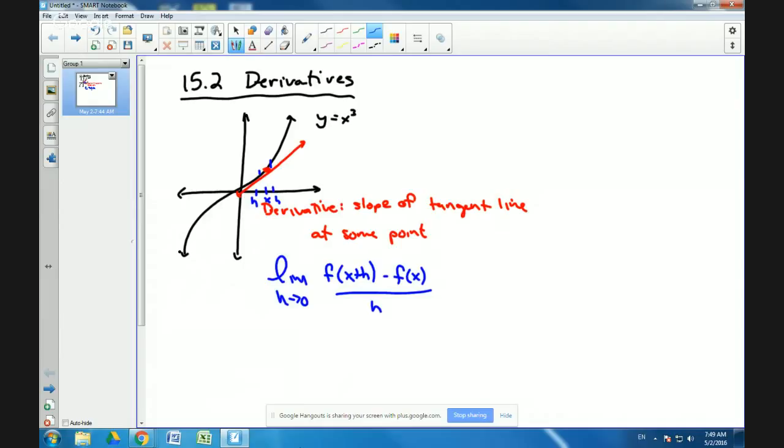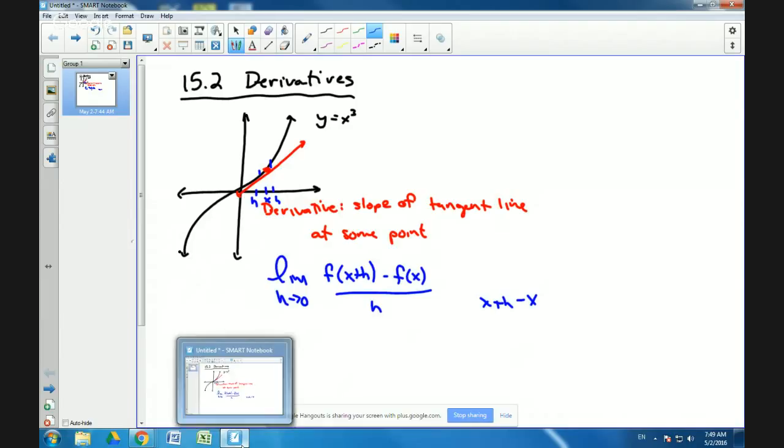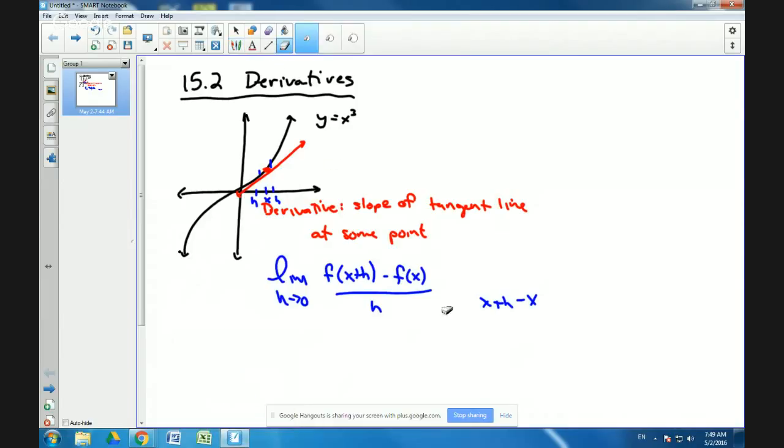If I wanted to, I could write it x plus h minus x, so on the bottom, and make it a true slope formula, right? But what is x minus x? It's 0. So we just write an h for cleanliness, really. So it is a slope formula with a limit in front of it. All right. We just write that bottom out as h.